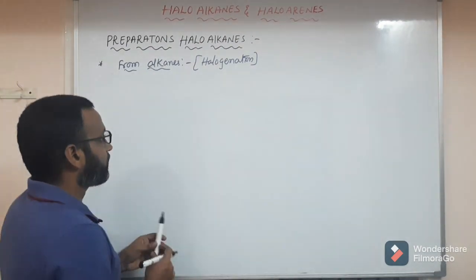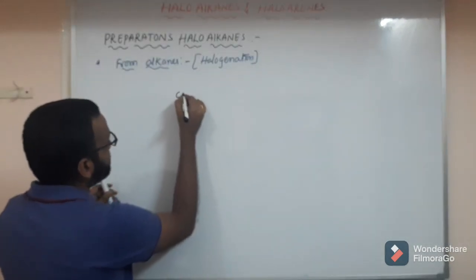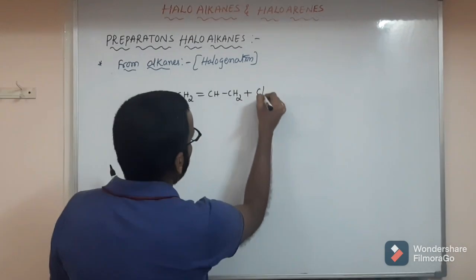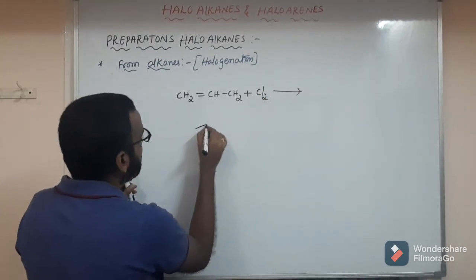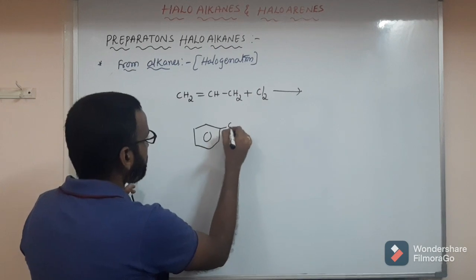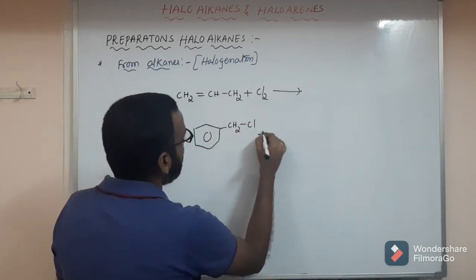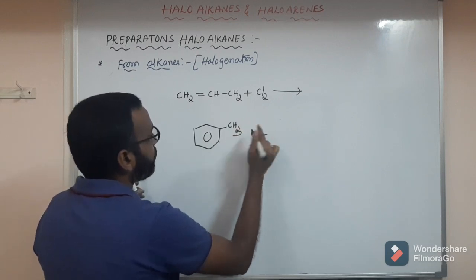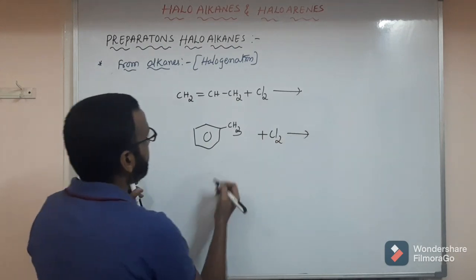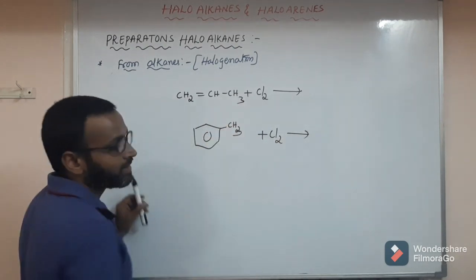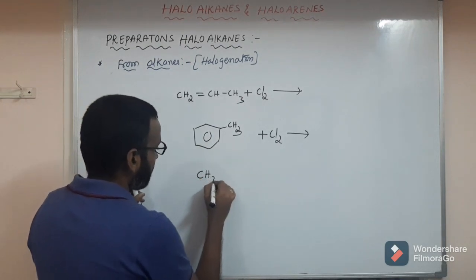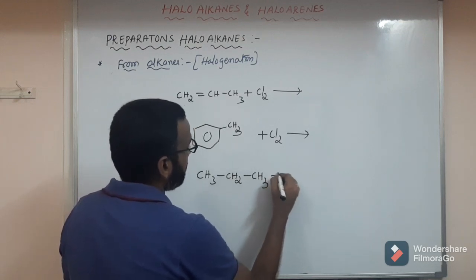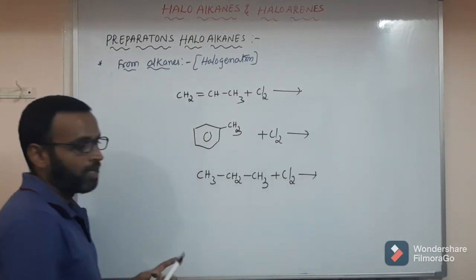Got it? So here we can have a few more examples, like CH2 double bond CH and CH2 reacting with chlorine. Also C6H5CH2CH3, and toluene reacting with chlorine, C6H5CH3, and propane, CH3CH2CH3.